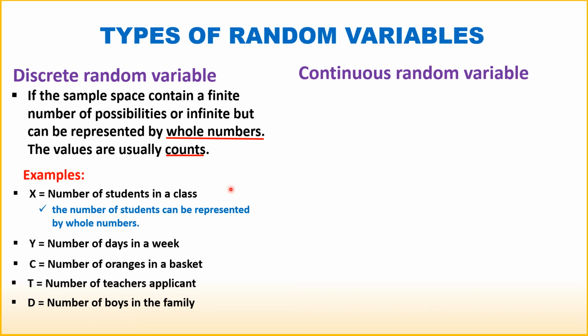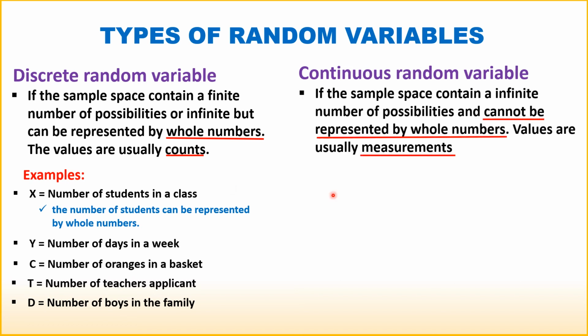Let's go to the continuous random variable. If the sample space contains an infinite number of possibilities and cannot be represented by whole numbers, the values are usually measurements. For example, K, height of the trees.